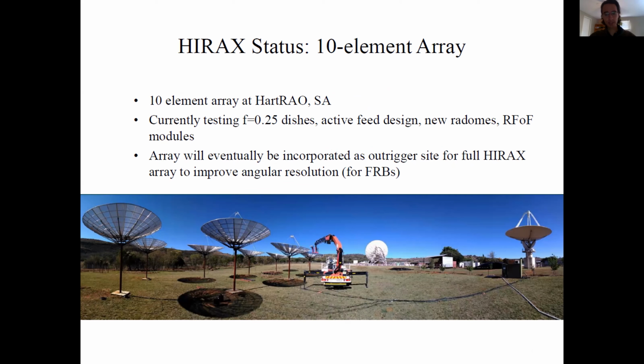These are very deep in an attempt to decouple the dishes from their adjacent dishes in the array, because it's close packed. And we're also testing the RF over fiber hardware, and just getting a handle on data analysis and techniques as well.